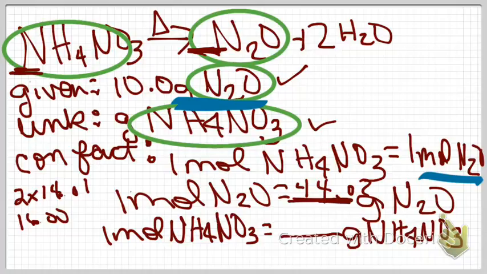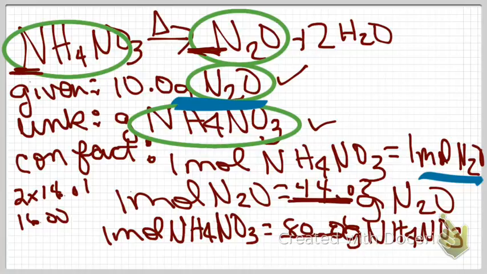Each one is 16. 16 times 3 is 48. Add those together, and I got 80.06. Okay, and so that's exactly what you're going to take right there.